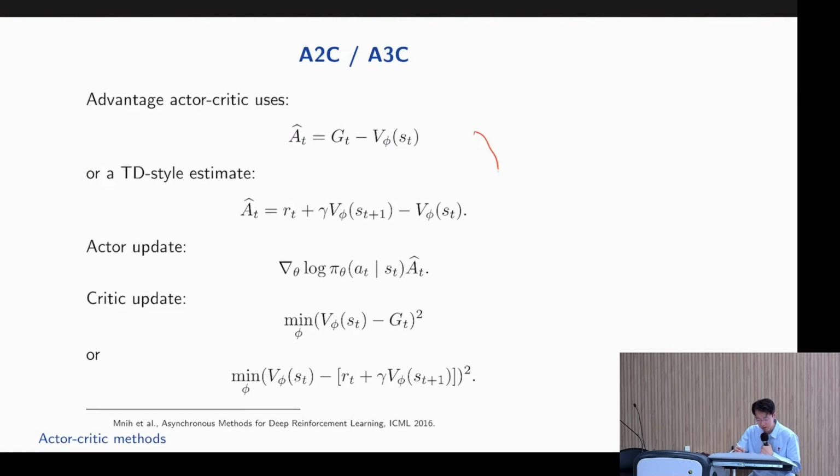You have two choices when you implement the advantage: reward-to-go minus the black box estimate of expected return, or a TD-style update: immediate reward plus discounted expected return starting from next state S_t+1, minus expected return starting from S_t. You can do either. For the actor, you do policy gradient. For the critic, you can do MSE loss gradient descent based on the actual return, or you can do TD.